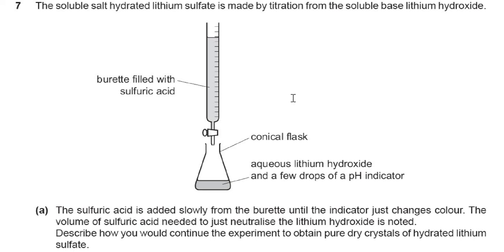We would put a cold glass rod in, and if crystals formed on the glass rod, then we know we've got to the crystallization point, and then you would leave that to dry overnight or in a warm oven, and then you would get your pure dry crystals of hydrated lithium sulfate. I'm not going to answer that part of the question because I'm looking at the math calculations today.